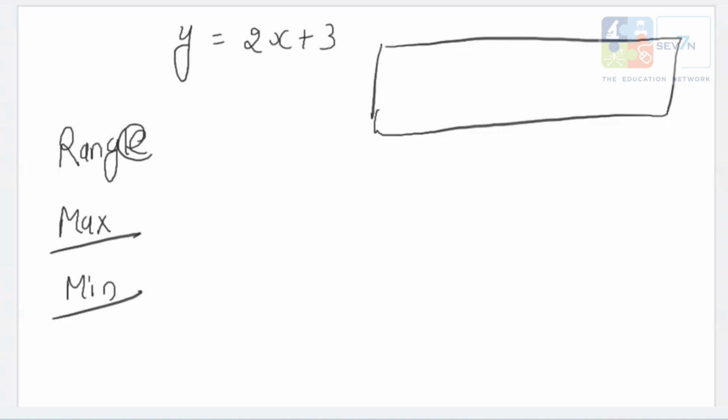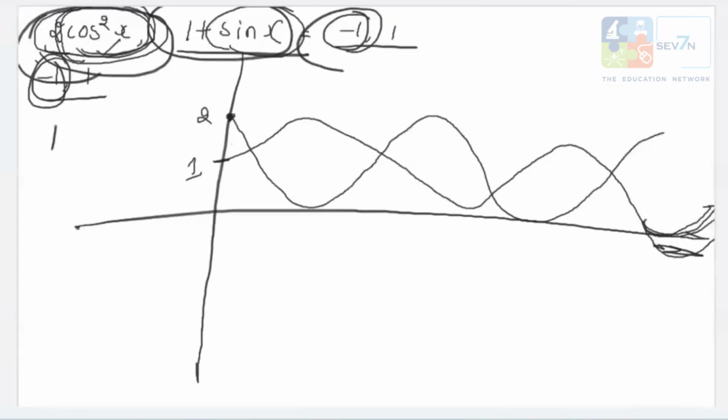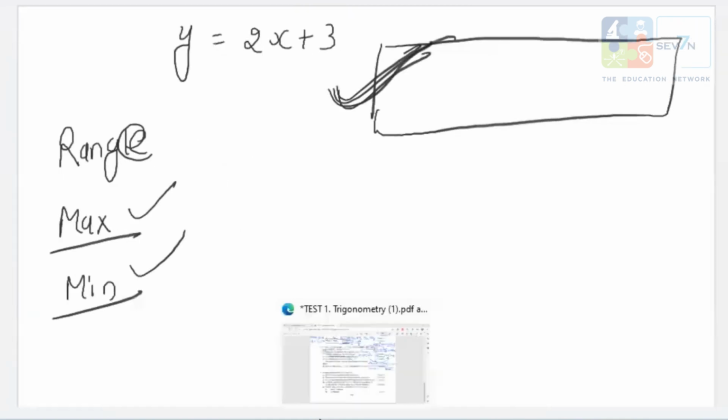So theoretically we are able to find the nature of the curve. Is it possible that the curve lies below the x-axis or not? So in case of trigonometric functions, this way is applicable, but the table way is not suitable. Okay, so this is the way to draw your graph.